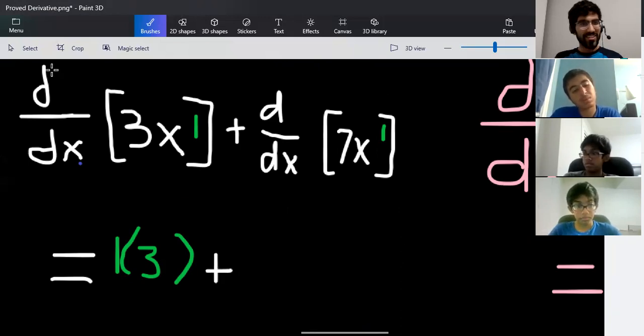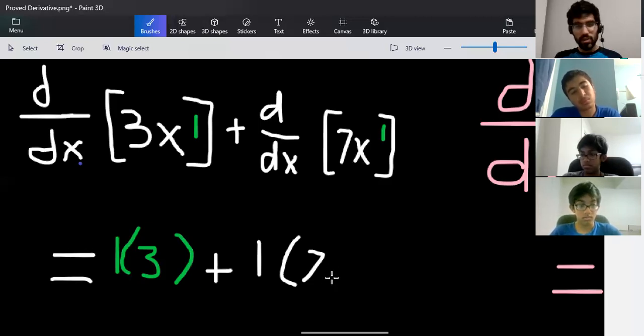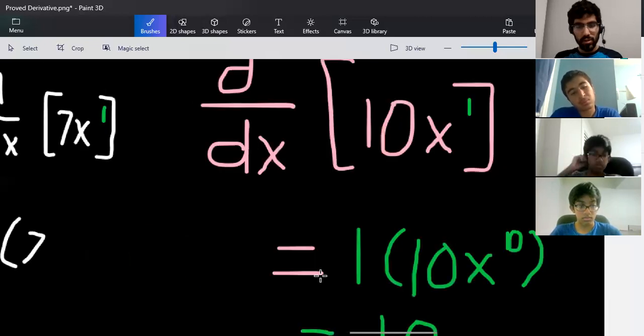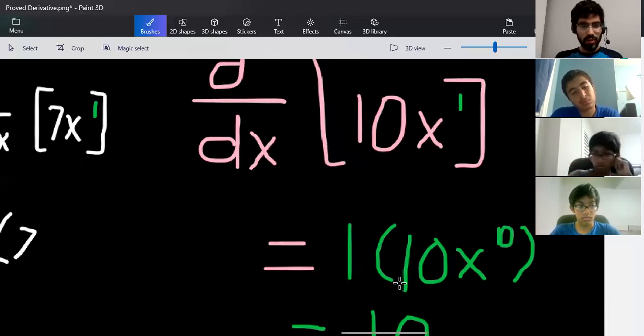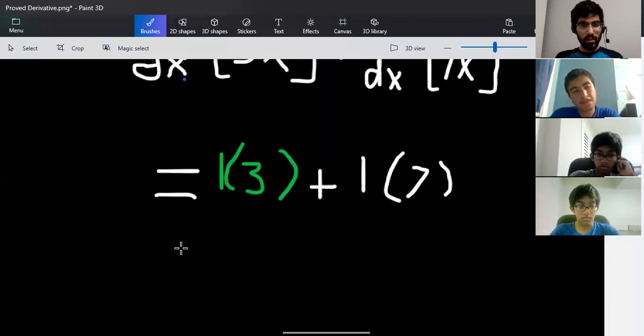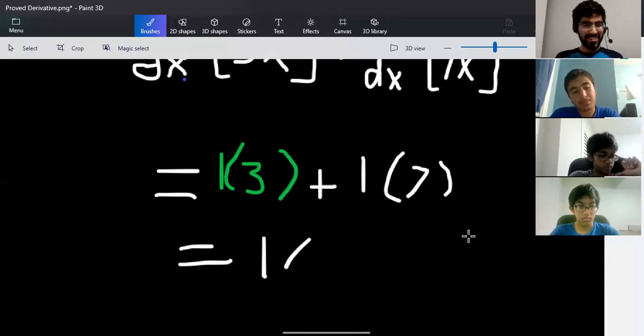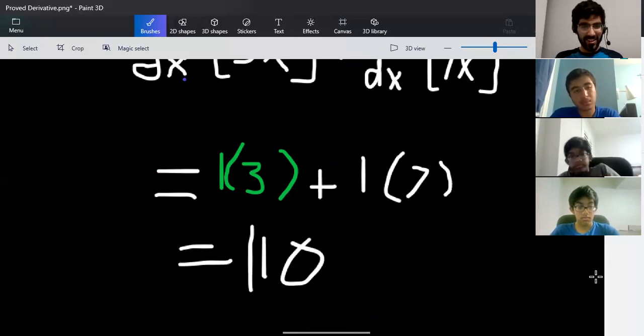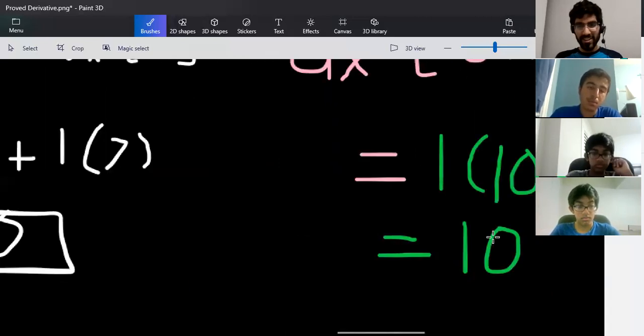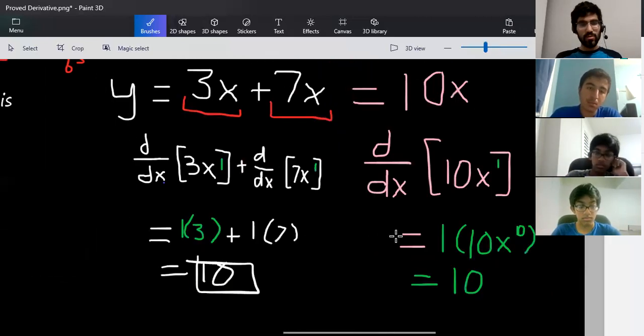So 7x to the 1: we bring the 1 out front, and x to the 1 turns into x to the 0. That's just 1, like we saw here, so we'll just leave it as 7. So we're saying 1 times 3 plus 1 times 7, that's just 10. Hey, 10 here, and 10 here. That's what the sum rule says.